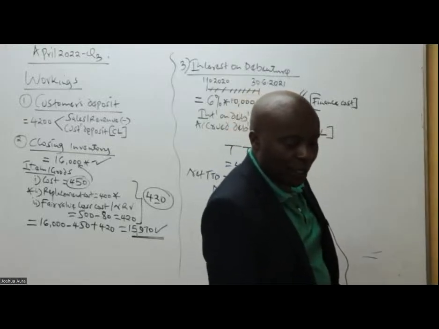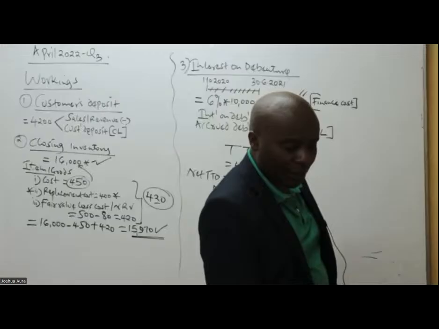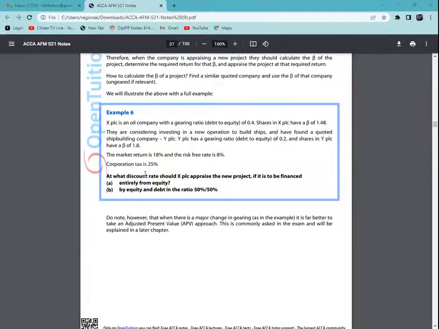Great. So here we are. We're discussing this very important model called Hamada's model. You're told here XPLC is an oil company whose gearing ratio, debt to equity, is 0.4. Shares in XPLC have a beta of 1.48.